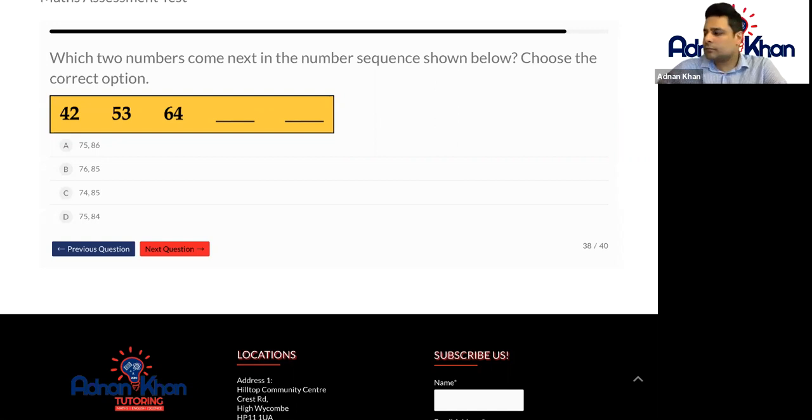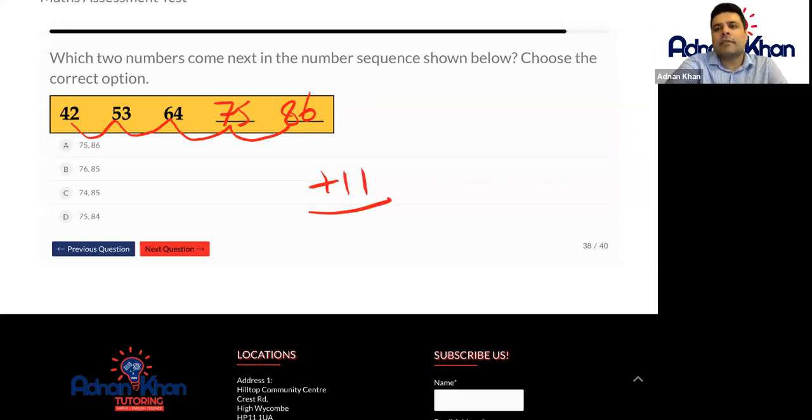The answer is A. Okay, you mean 75 and 86? Yes. Okay, what's it going up in then? What's the pattern? It's going up in 11. Good. So you're basically adding 11 each time, and that's the sequence pattern here.